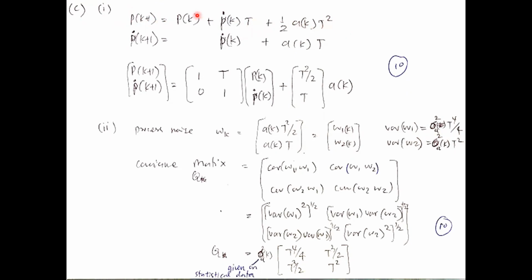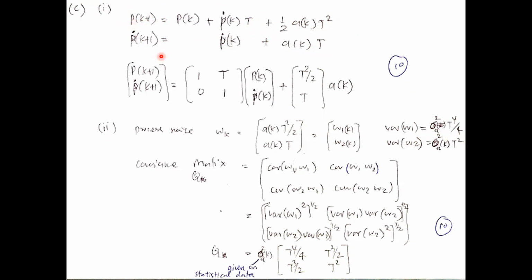So that is for the position. And what about velocity? Velocity is the velocity now plus acceleration times time. That is how velocity changes, right? Because of an acceleration. So both these equations are pretty simple. Anybody can write it. How acceleration affects the velocity and how acceleration affects the position, right?